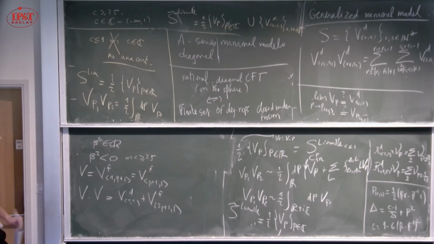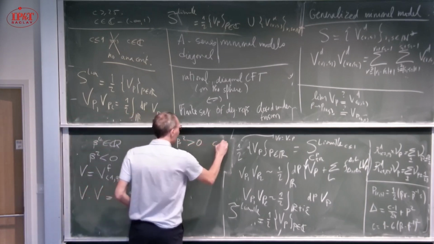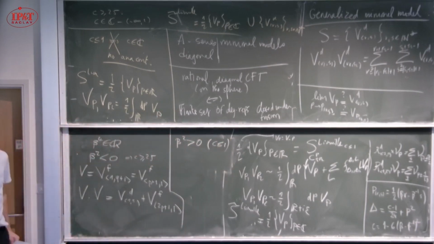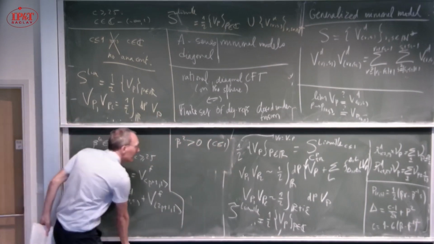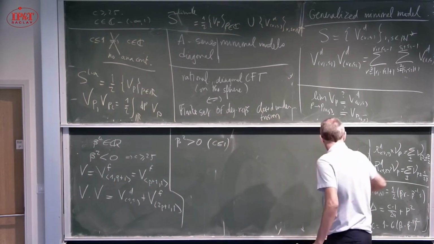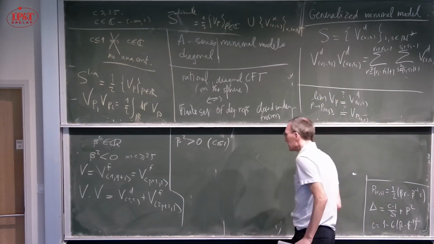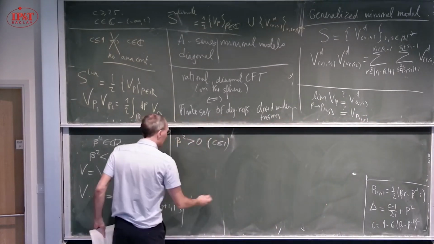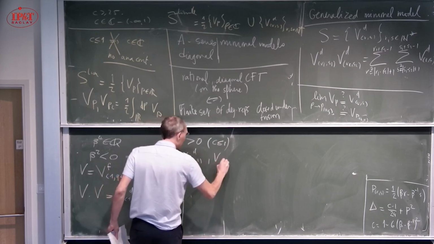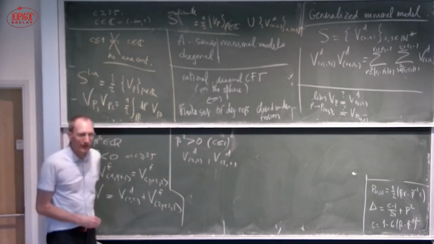So I'm going to focus on the other case of beta squared positive, which means C less than 1. So here we really want to start with V12 and V21 and see what we get by repeated fusion. So the claim is that we get the Kac table.